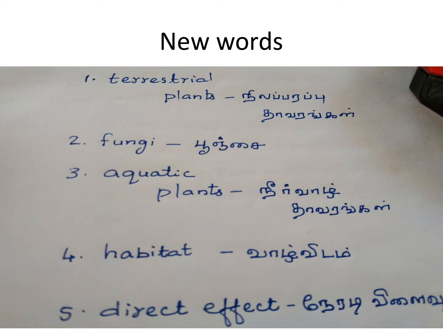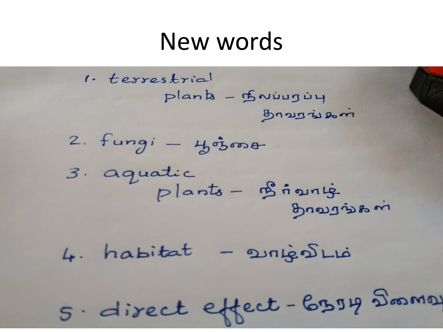First of all, we will see new words. Write this heading: new words. I have given 5 new words. Take your classwork note soon. Write this fast. Sharpen your pencil.